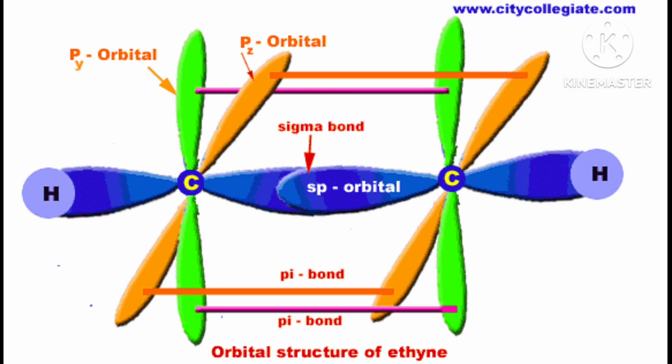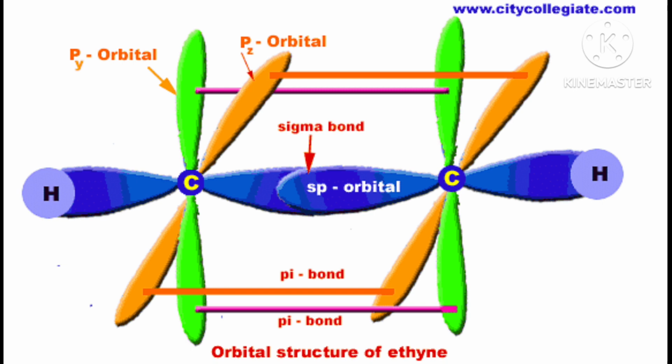Now the bonds of this ozone will break, and all three oxygen will join with the 2 carbons. Carbon double bond was there in propene, between carbon 1 and carbon 2.